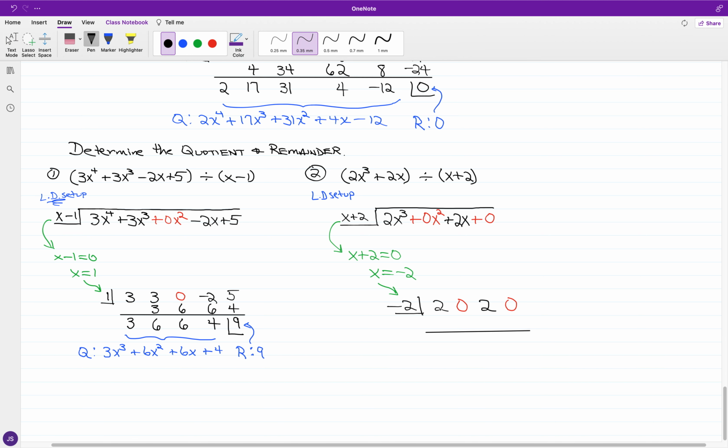And the synthetic division, so leading coefficient is 2, bring that down. Negative 2 times 2 is negative 4. 0 plus negative 4 is negative 4. Negative 2 times negative 4 is 8. 2 plus 8 is 10. Negative 2 times 10 is negative 20. And 0 plus negative 20 is minus 20.